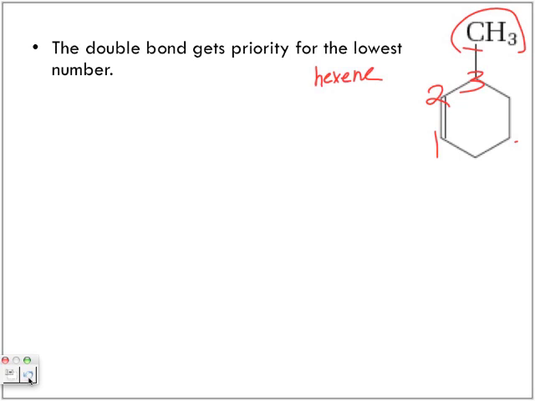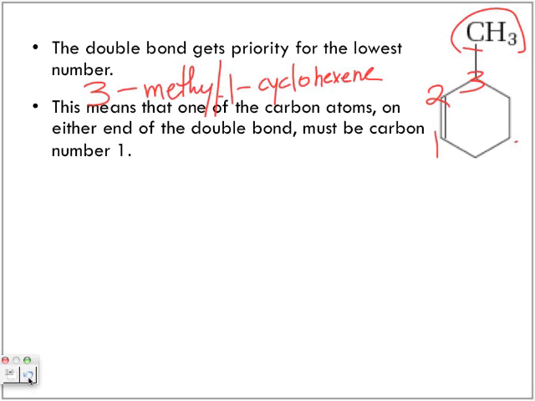It's a ring structure, so we put cyclo, so it's a cyclohexene. Where is that located? It's located on the number 1 carbon. And we've got now a methyl group. Where's the methyl group? The methyl group is on the 3 carbon. So the number 1 carbon has to be on one of the ends of the double bond.